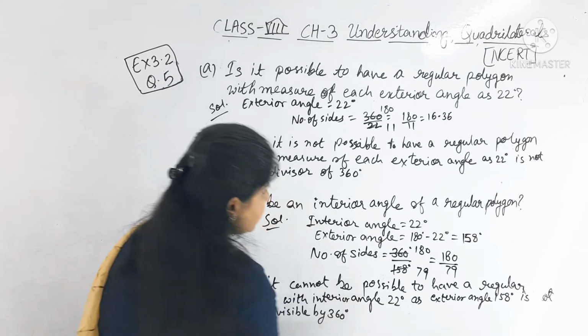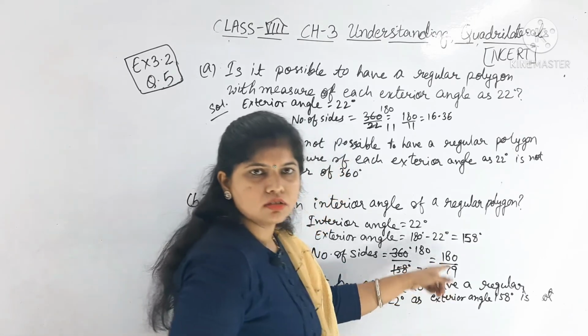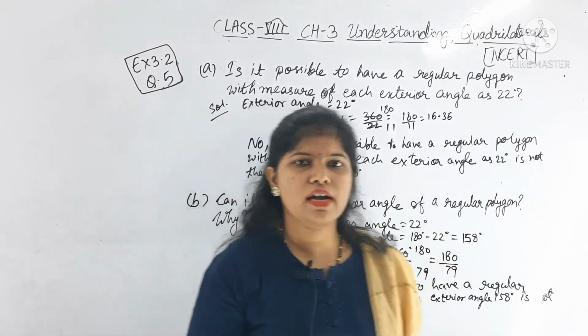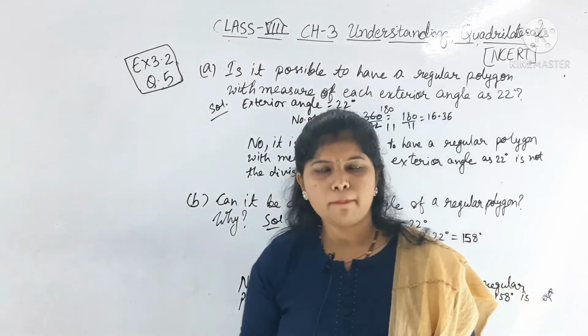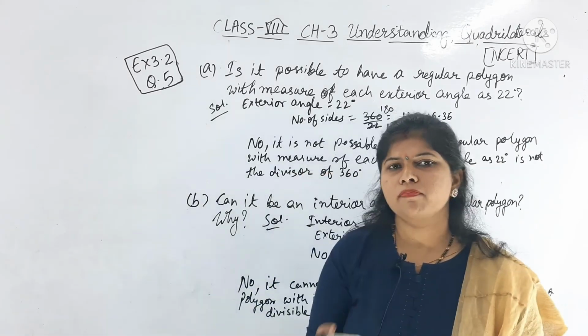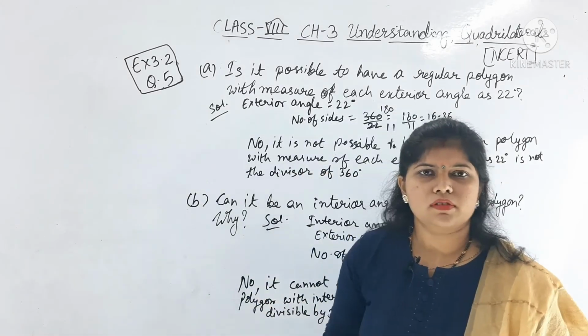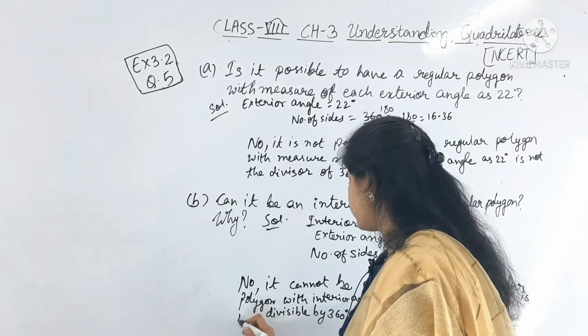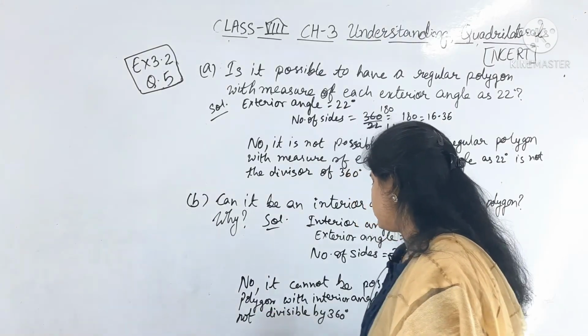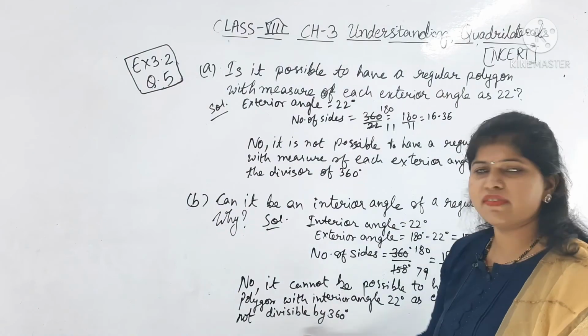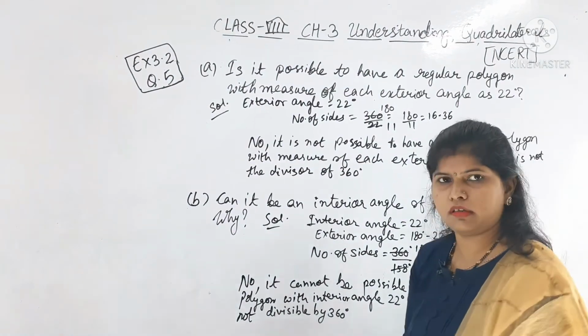So it is the reason that it is a fraction. So neither a fraction nor a decimal will be the number of sides. Okay, it will be a natural number or whole number. So it can't be possible, as it is not divisible by 360.